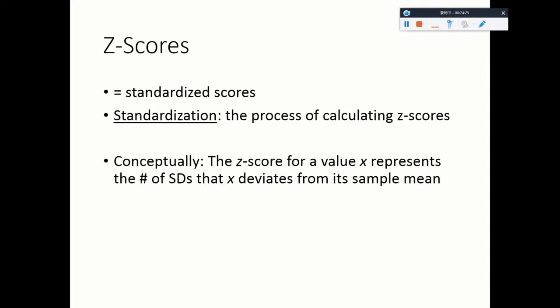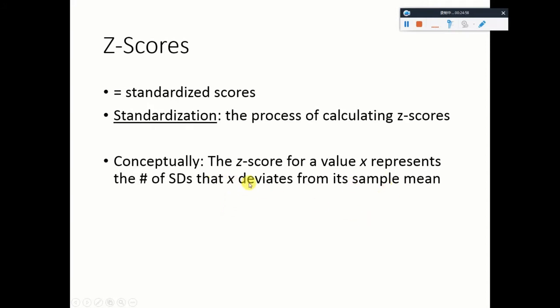Think about it. Let this definition sink in. The z-score for a value essentially tells us how far away, in units of standard deviations, x is from the mean of the sample from which x is from. That is, how far away x is from the mean.